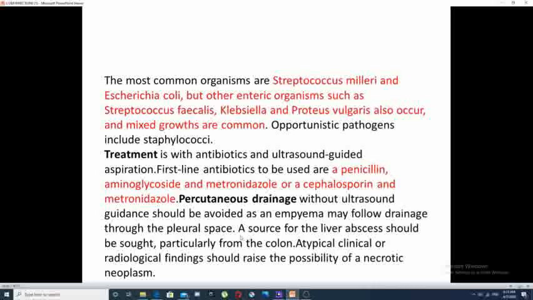Another thing, a source for the liver abscess should be sought, especially in the colon. A third note, atypical clinical or radiological finding should raise the suspicion that the possibility of necrotic neoplasm.